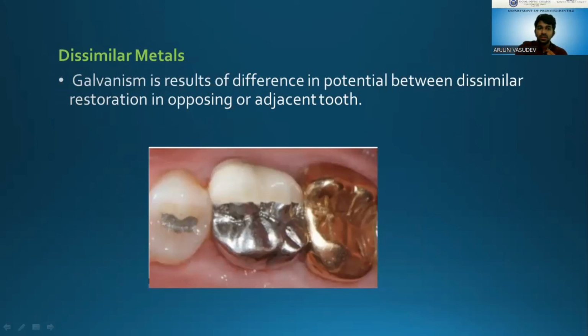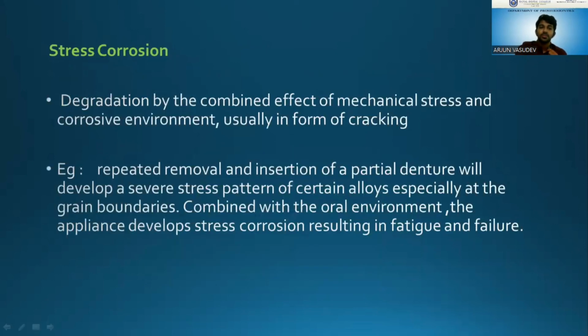Galvanism is a result of difference in potential between dissimilar restorations in opposing or adjacent teeth, which produces a current through the electrolyte, saliva.